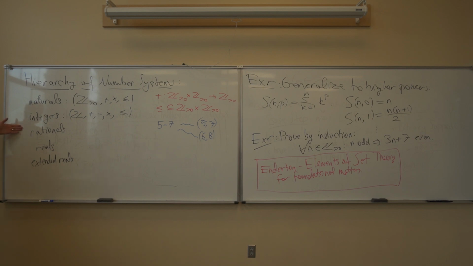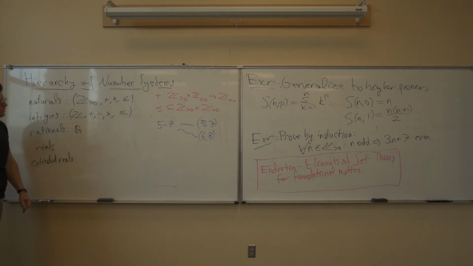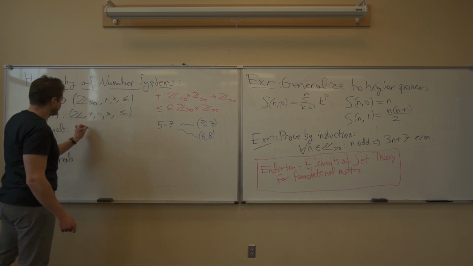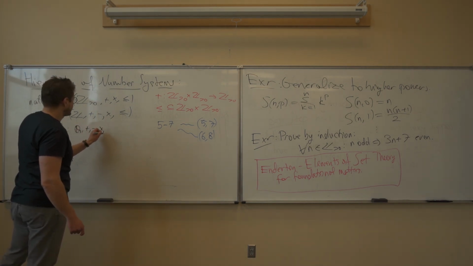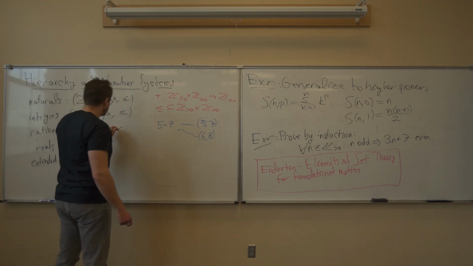How about rationals? Again, what you do is you look at ratios and stuff like that. There are certain tricks you can do, but let's write it. So now, if you have rationals, you have addition, subtraction, multiplication, but also division. Okay, and also the ordering, of course.